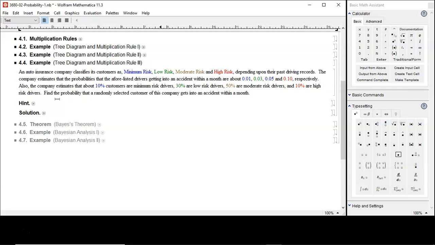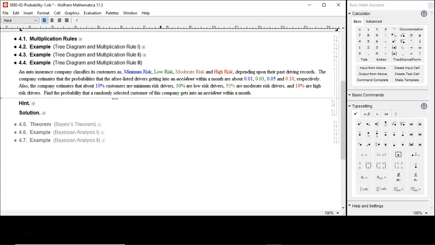Okay, let's go here. Find the probability that a randomly selected customer of this company gets into an accident within a month. So accident. We're focusing upon that, accident. Getting a certain collision. Yes, if you're an insurance company, you want to know this so that you can set your insurance premium accordingly, and that you may want to do reinsurance or whatever.